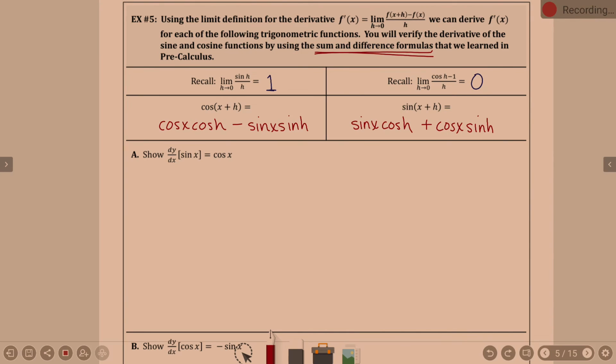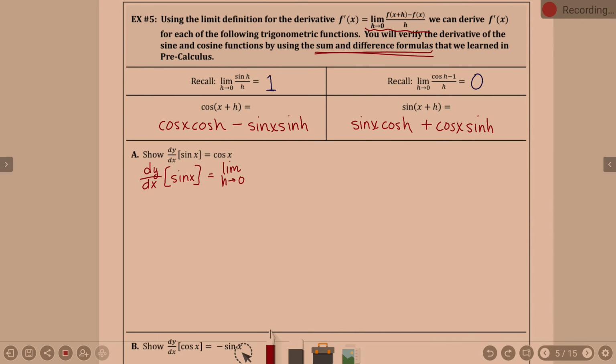Okay, now I'm going to show A. I'm probably going to skip B today because I have to do that back page yet. The derivative of sine x equals cosine x. That's a statement. It says show. So we're going to use that limit definition. I'm going to start with dy dx, the derivative of sine x, is equal to the limit as h approaches 0 of f of x plus h.